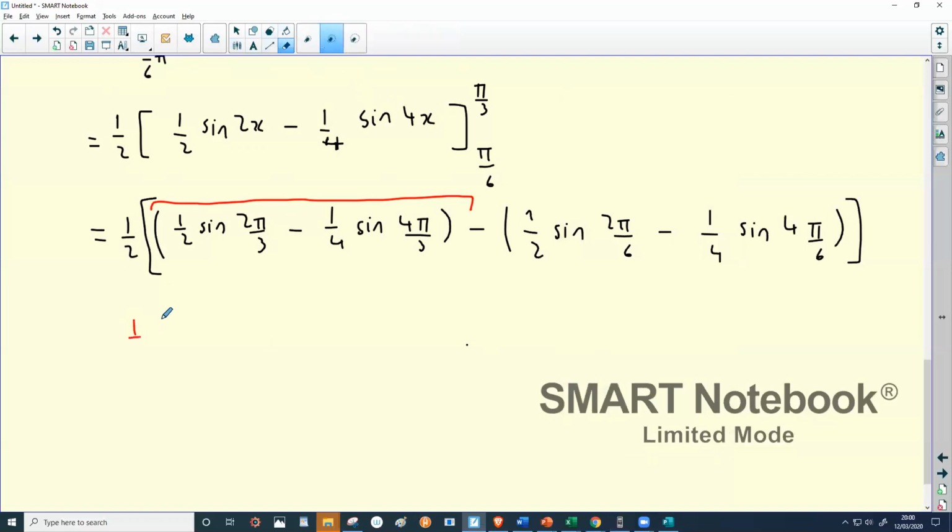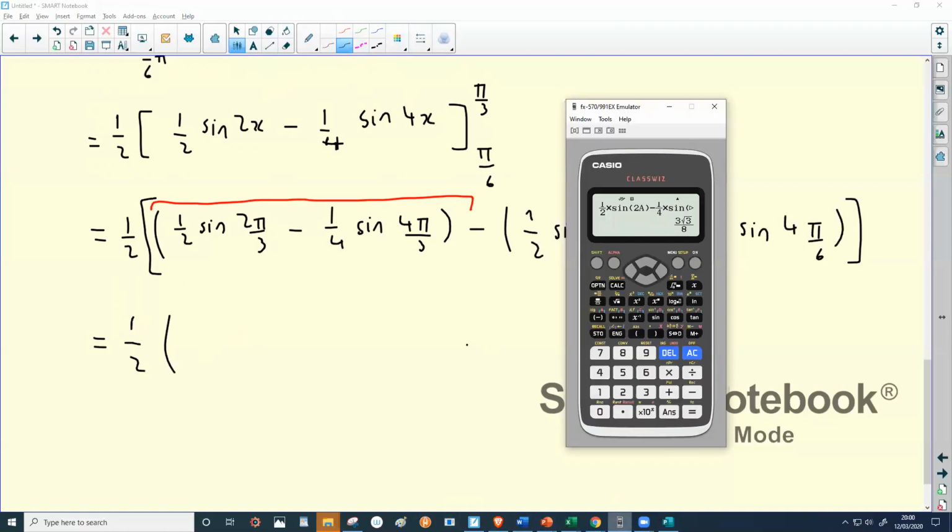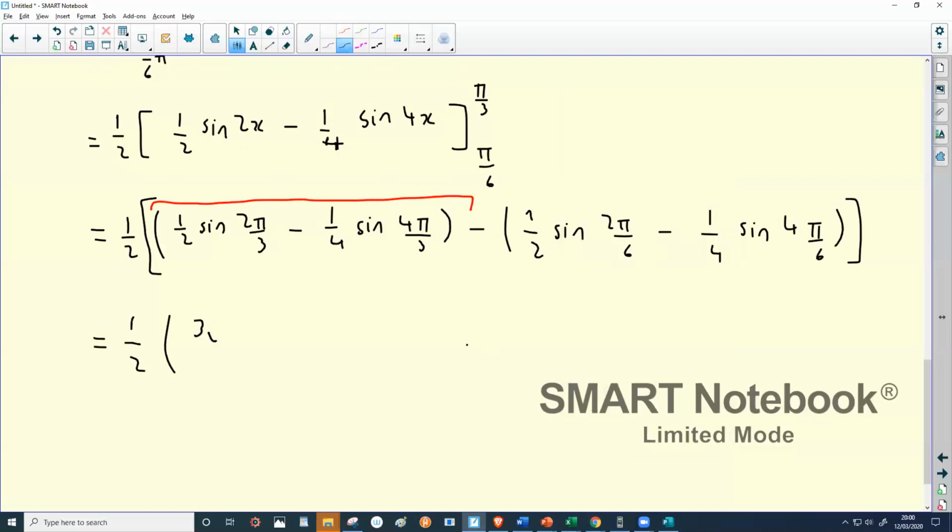Not forgetting the half. So the problem with taking the half out is sometimes you might forget about that. So what did we have? 3 root 3 over 8 for the first bracket, minus.